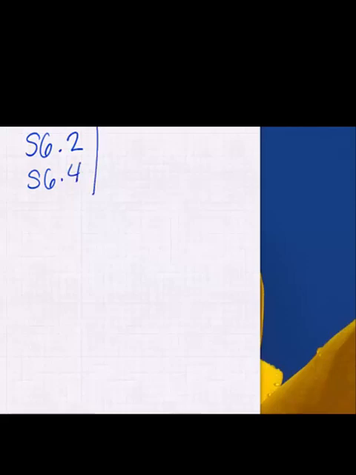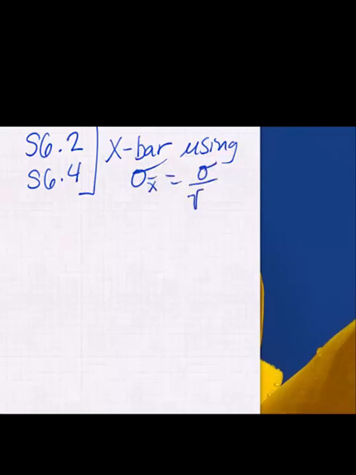These are both X bar charts using the standard deviation. Remember, we calculated the standard deviation of X bar as the standard deviation over the square root of n. So that's what both of those are doing.